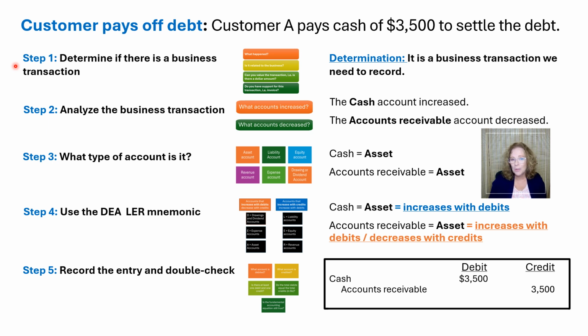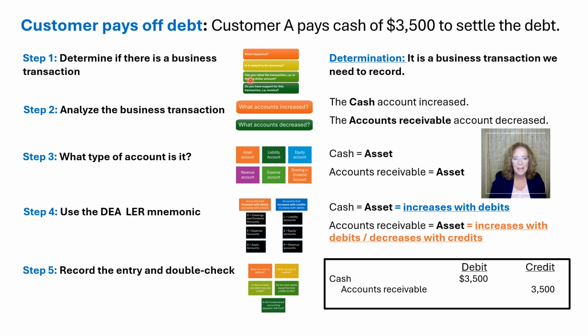Can you value the transaction? Meaning, is there a dollar amount? Yes, the dollar value is $3,500. You have support for the transaction. Yes, the business invoiced the customer, meaning there's an invoice as support, and the bank statement shows a deposit of $3,500 from the customer.